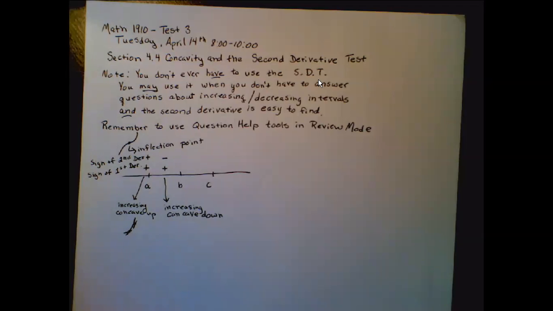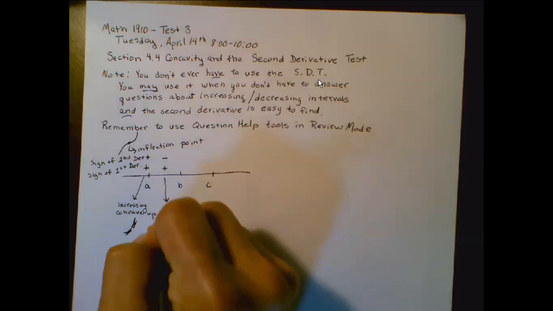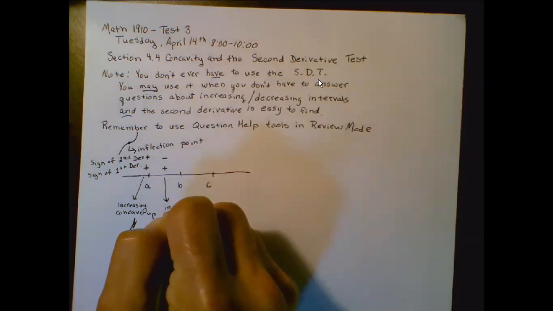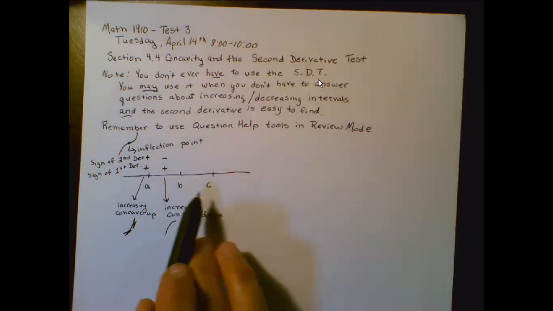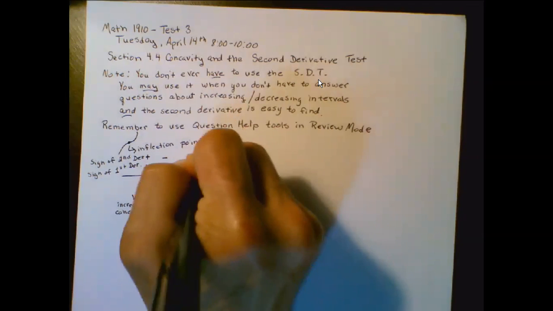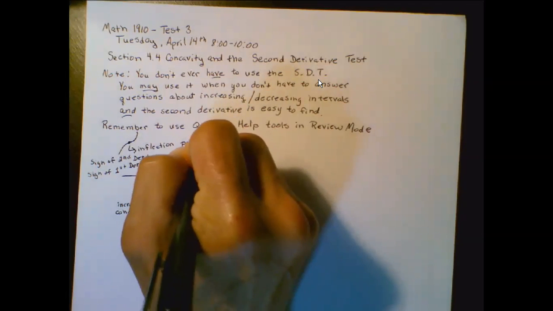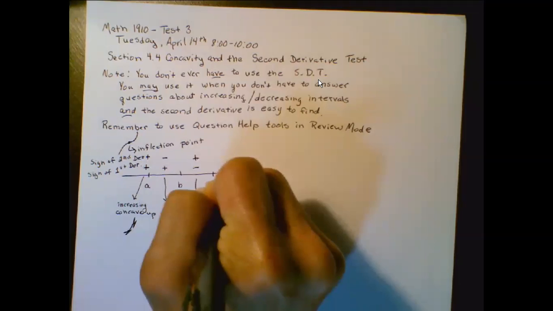Still has to be going uphill from left to right, but concave down. Think of the left-hand side of a concave down parabola. And then what if from B to C, the first derivative was negative, but the second derivative was positive? What would that tell you?